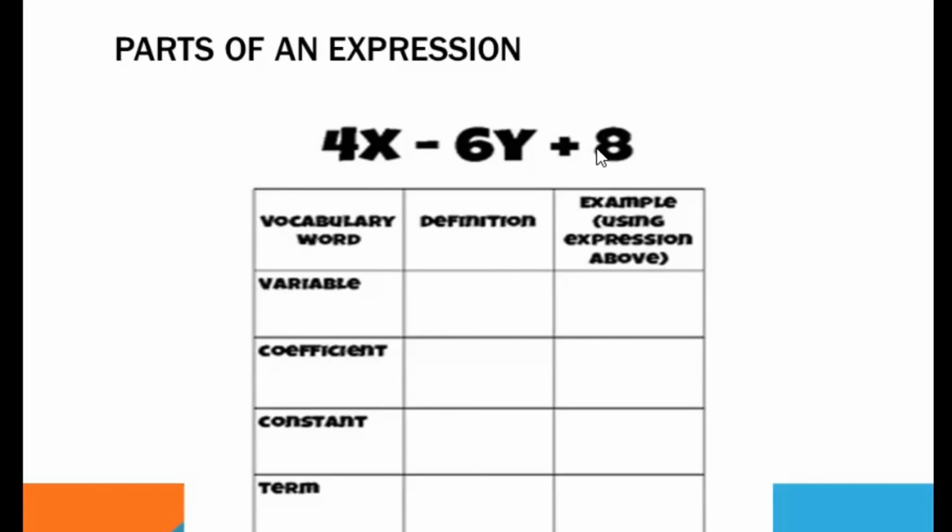And the example, I'll give you one from the top. x would be a variable, right? There's another variable there. Same thing for coefficient. You write a sentence saying what is a coefficient. That's what a definition is. From the expression above, 4x minus 6y plus 8, you write the coefficients. Same thing for constant, same thing for terms. Okay, I understand. All right. Start working.